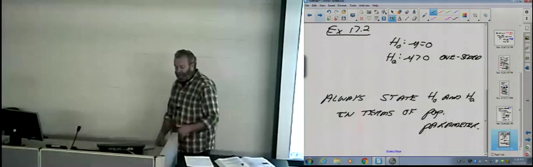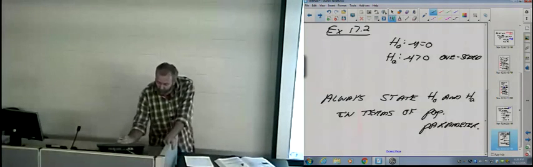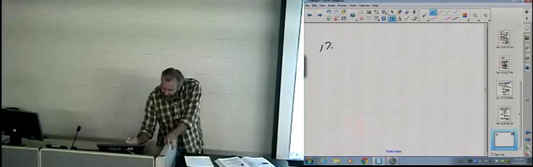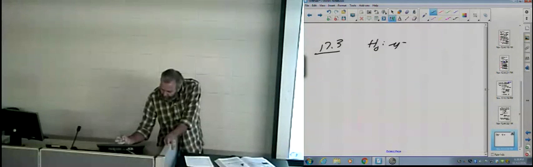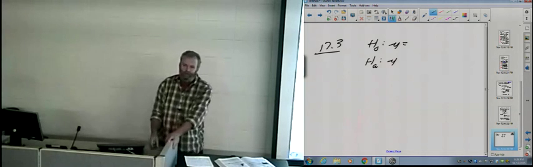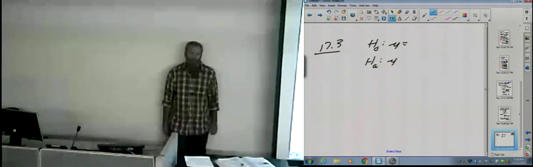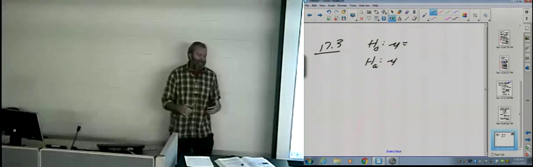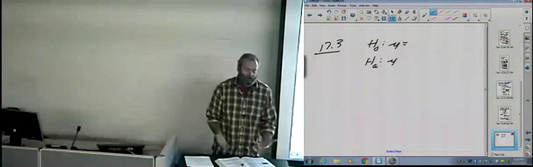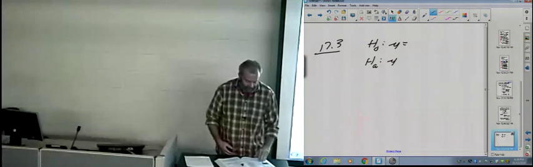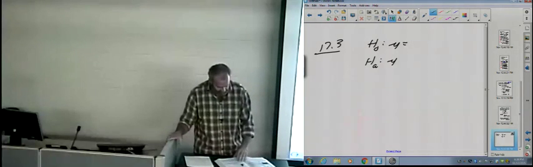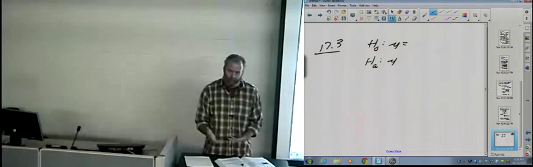Here's what I know. In this problem here, 17.3, I know they want me to state the null, and I know they want me to state the alternative. Now, it's the wording. Look, the alternative always comes from the wording. And the problem says this, 17.1. I'm going to read the part that's important here.